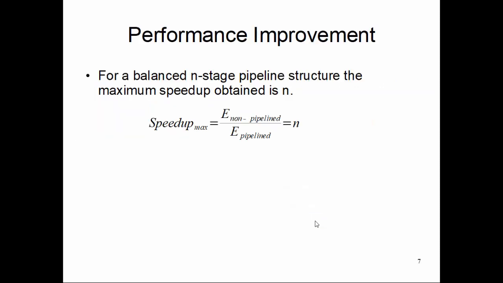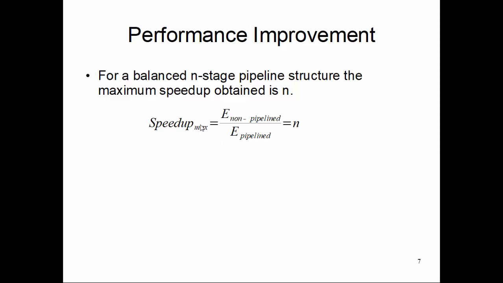So how can we achieve it? Before that, let's look at what the performance improvement or speedup is, in terms of execution time, if we want to compute it. By definition, the speedup, and I make a little notation of maximum speedup, I'll tell you why in a minute.